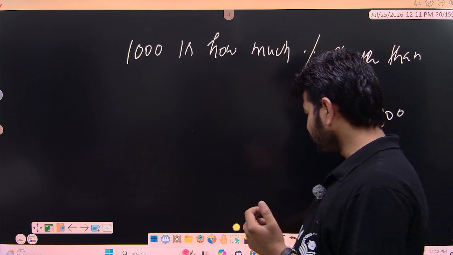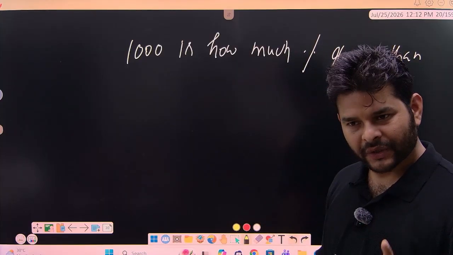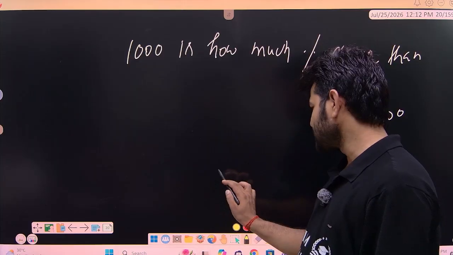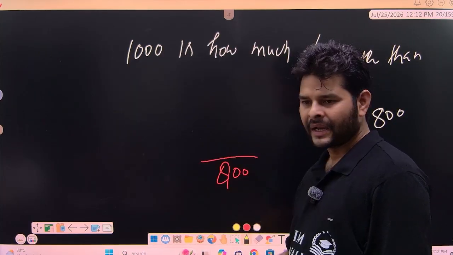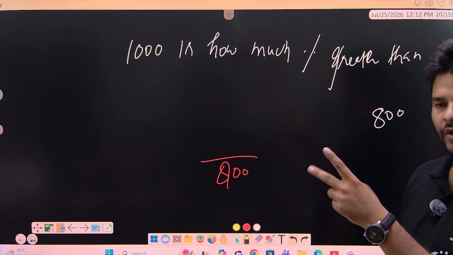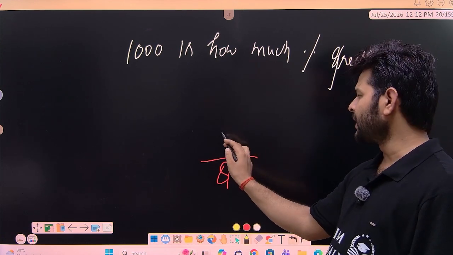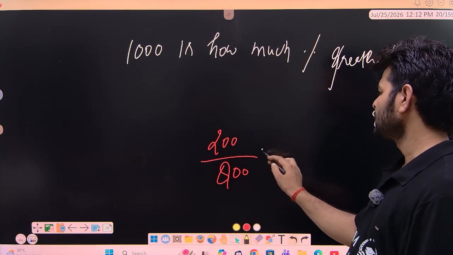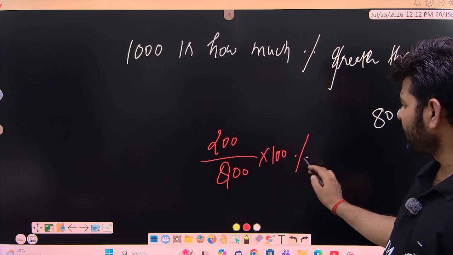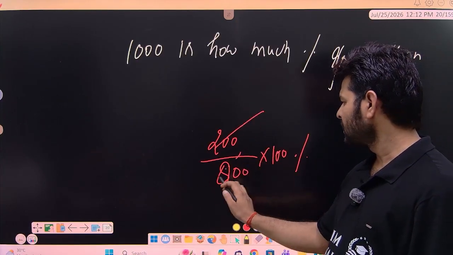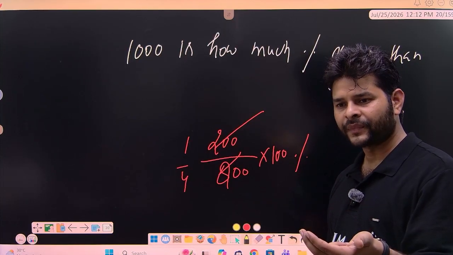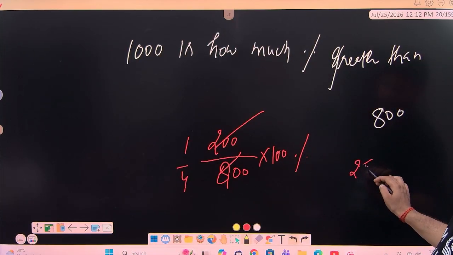Simple concept. Whatever value we are comparing, we need to put that value in the denominator. So just put 800 in the denominator, and the difference between both the numbers in the numerator. What would be the difference? 200. Just multiply by 100 and simplify, and you will get the answer. That would be 1 by 4. So what is the percentage of 1 by 4? 25. So simply you will get 25%.